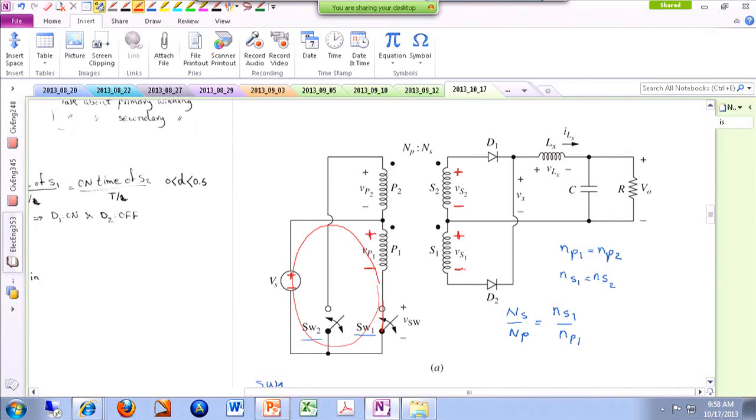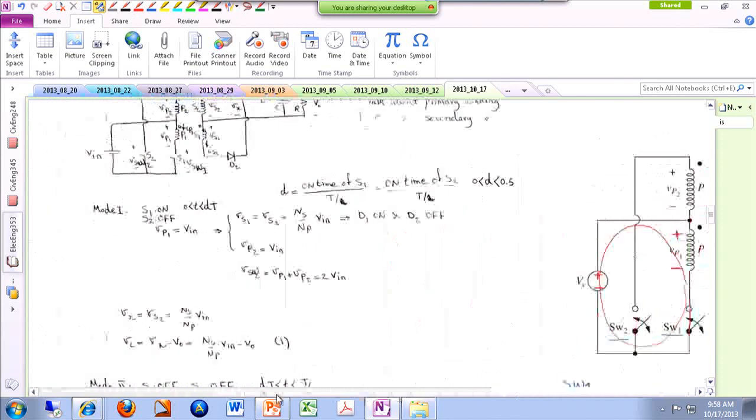When VS2, which is equal to VS1, they are always positive. During the time that they are positive, D1 is the diode that is on. Okay? So we are kind of rectifying this square-shaped signal, and D1 is on. So switch 1 is on, switch 2 is off, and D1 is on, and D2 is off. Okay, so everything is positive. Switch 1 is on, and D1 is on.